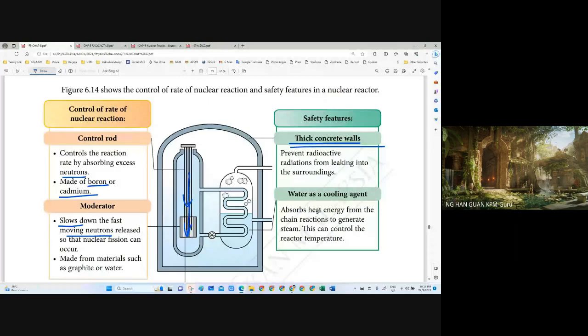It must be fully sealed, to prevent the release of radioactive dust into the air. It must be a thick concrete wall, especially to prevent gamma rays from penetrating to the surrounding. And the water is a cooling agent to condense the steam back, so the process can be repeated.